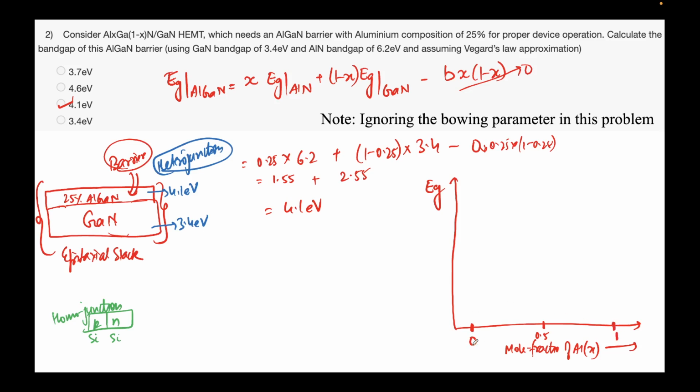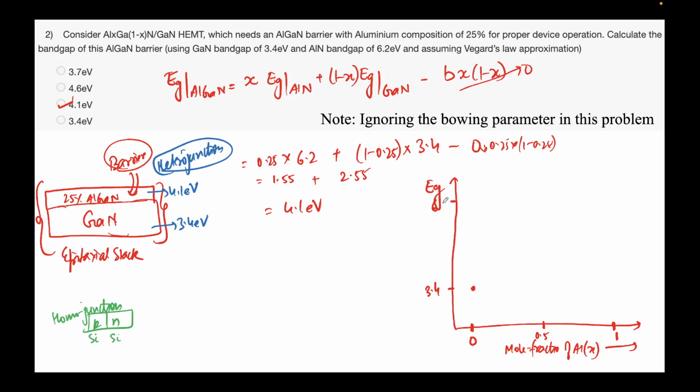So when x equal to 0, we are talking about gallium nitride. Okay, so let's plot this. Gallium nitride band gap is 3.4. So let's say this value is 3.4 and we obtain this point. At mole fraction of 0, this AlGaN will have the band gap of 3.4. And when the mole fraction is 1, we'll get aluminum nitride, which means band gap of 6.2.